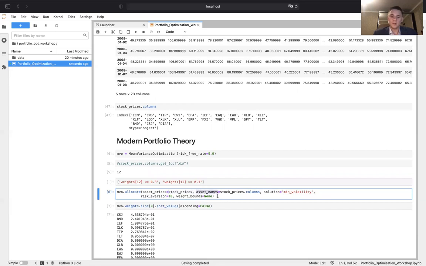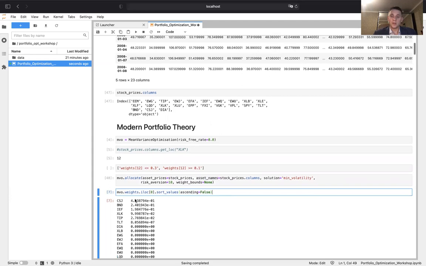We need to specify asset names by using stock prices columns. The solution is minimum volatility. Now let's forget about the risk aversion parameter, which can be equal to any value for the minimum volatility optimization problem, and we don't have any weight bounds constraints. So let's take a look at the output of this algorithm.